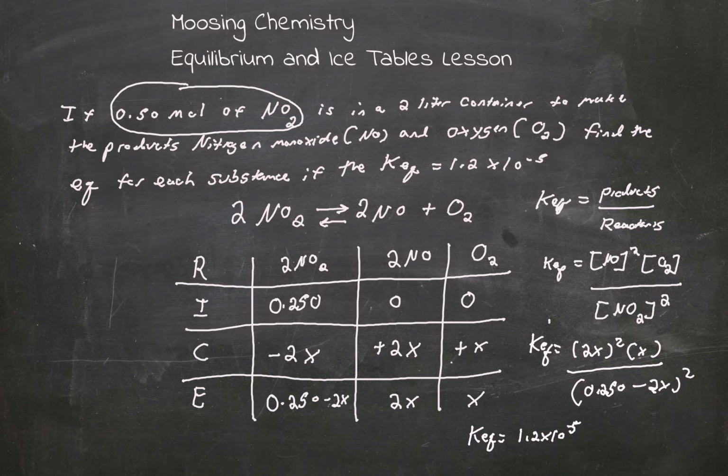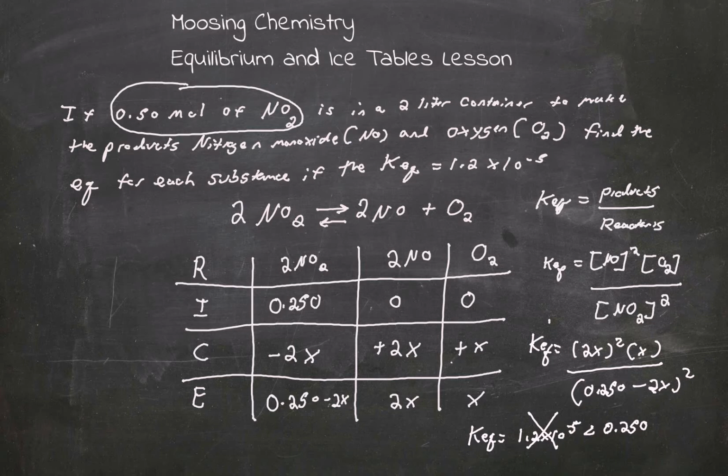That's a really small number. As a matter of fact, it's a whole lot smaller than 0.250. So we can ignore it because it's not significant, right? It really doesn't have a lot of value for us. So we can ignore that.